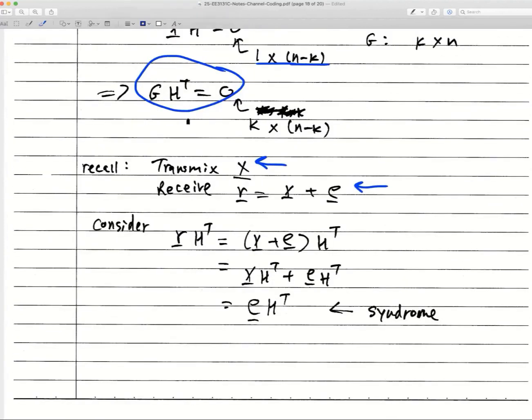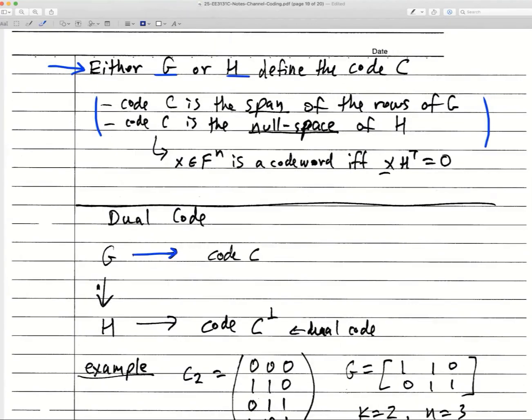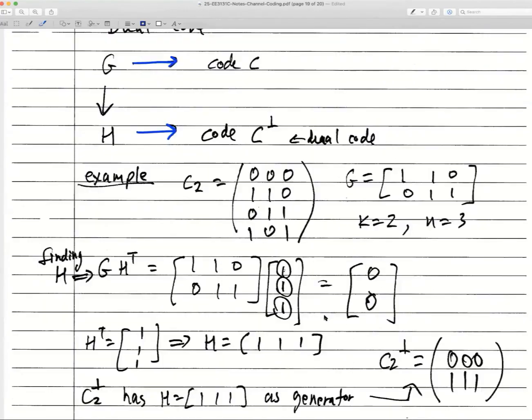Now, if I think of H itself as a generator, I get something called the dual code. For the dual code, H is the generator. For the original code, G is the generator, and H is the parity check matrix of the original code. When I think of H by itself as a generator, I get a dual code, and this dual code sits in that null space we spoke about, in the other n minus k dimensions. So let's go over an example.